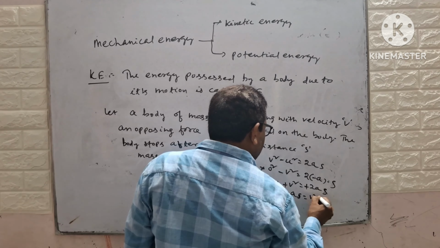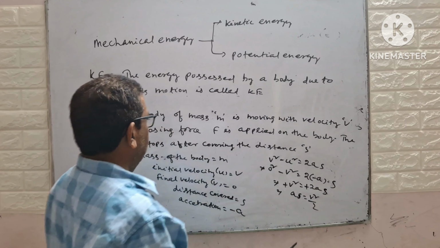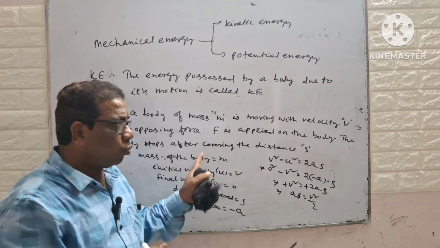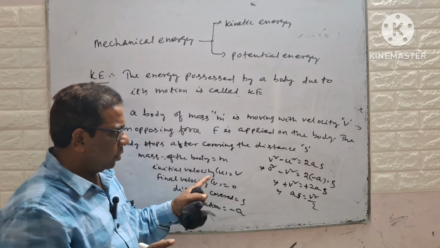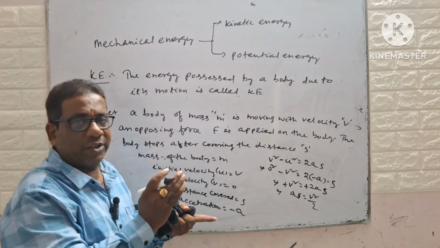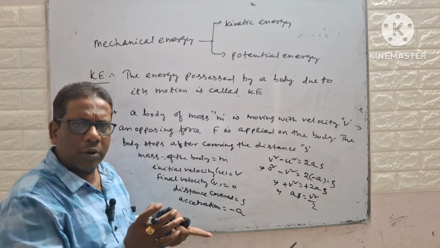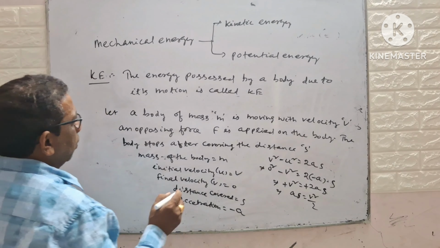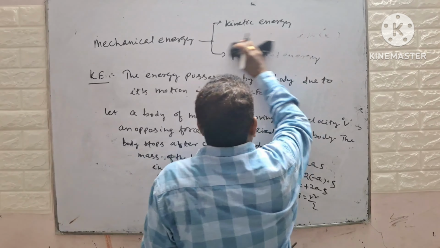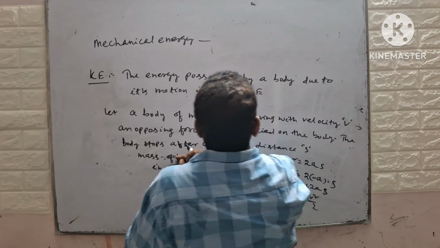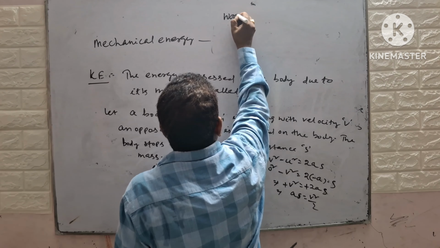We can write s equal to v square by 2a. Now we will calculate how much work is done by the body when it comes to rest, that means during motion.